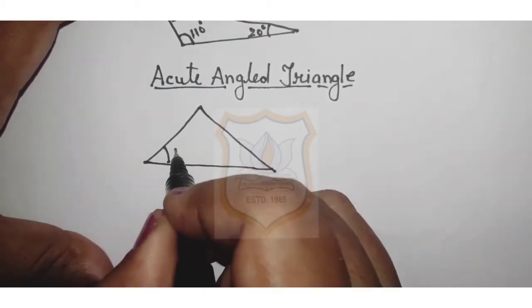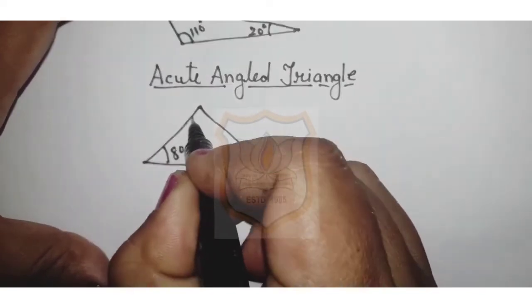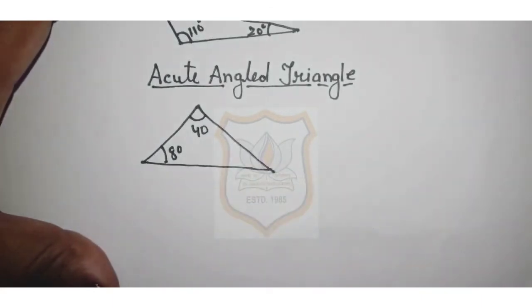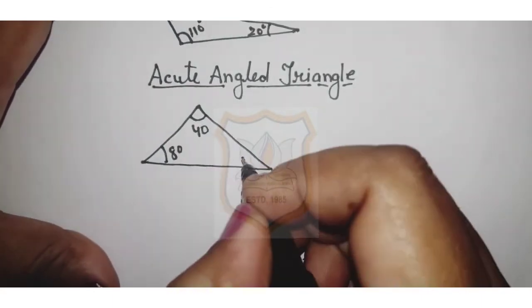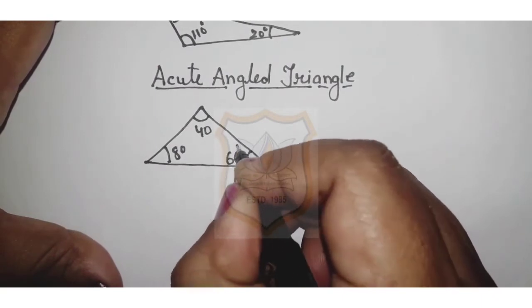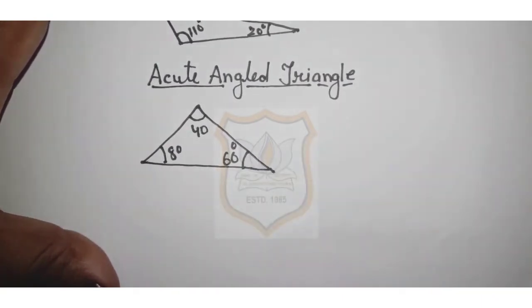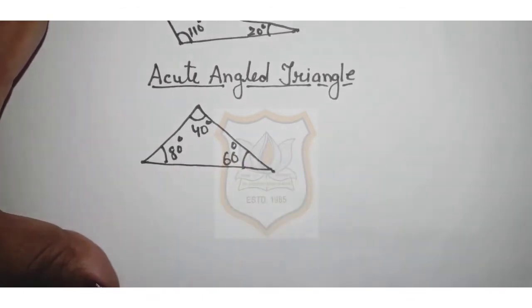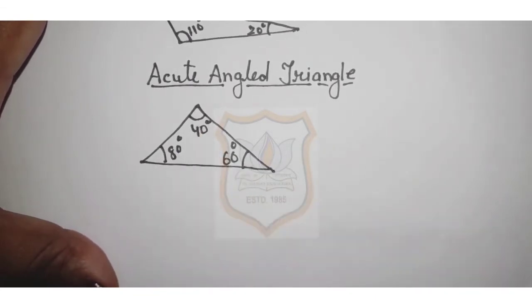This one is of 80 degree. This one is of 40 degree. 40 plus 80, that is equal to 120. And this one is of 60 degree. So this is an acute angle triangle.